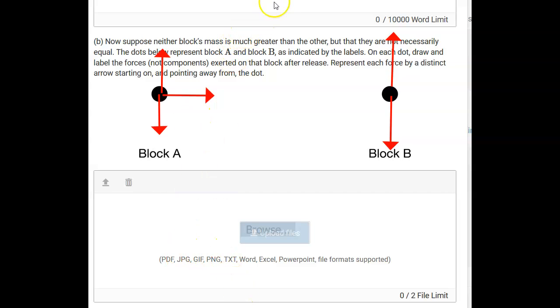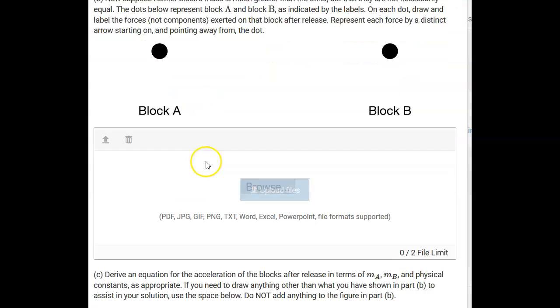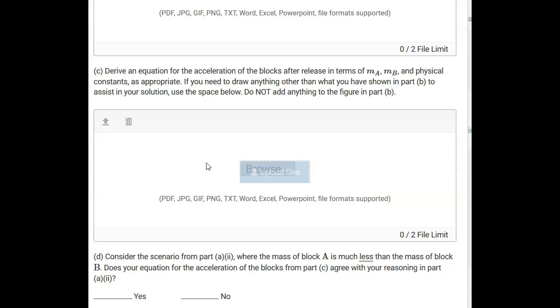So I would hope, and I think what I did see, you guys had that part pretty well down. On the other hand, I just showed you the equation, right? The acceleration would be m_b g divided by m_a plus m_b.